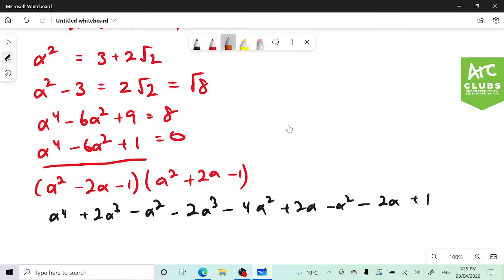We can see that these cancel, and what we're left with is alpha to the 4 minus 6 alpha squared plus 1.